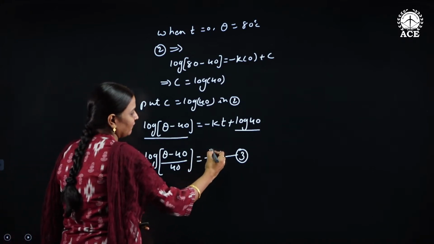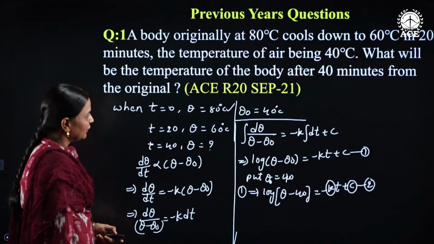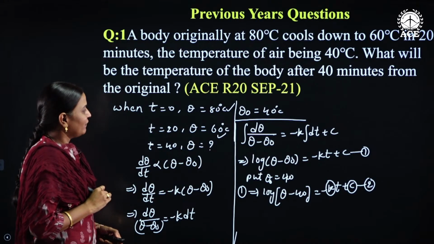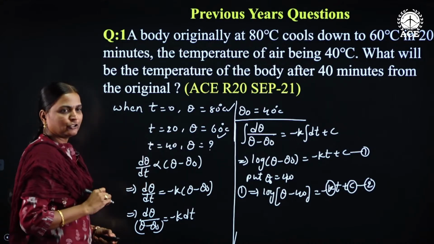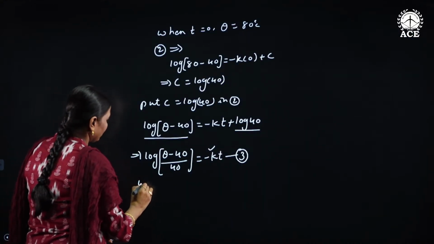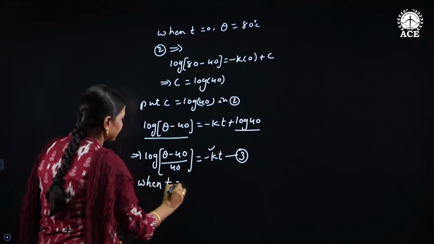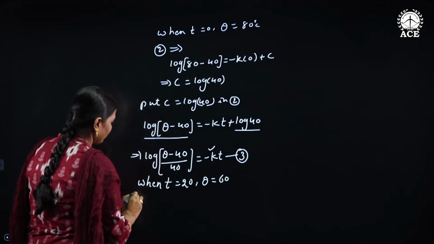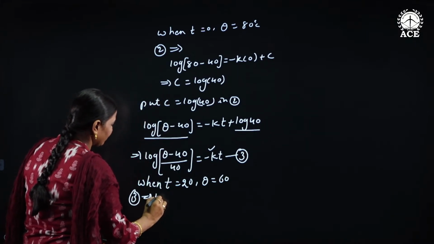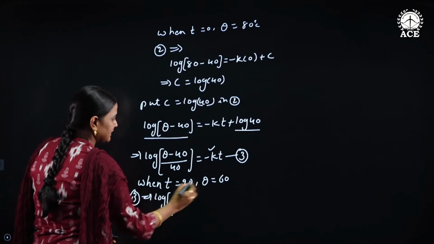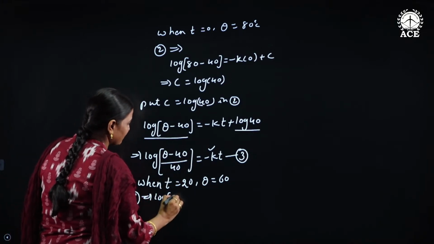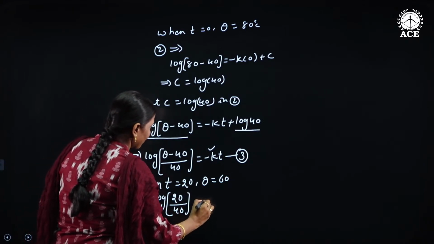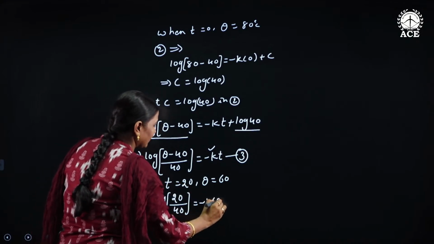Next, find the k value. How to find the k value? Using the next given conditions. What are the given conditions? When t is equal to 20, theta is equal to 60 degrees centigrade. So equation 3 becomes log of, what is the theta, 60 minus 40, that is 20 by 40, is equal to minus k into, what is t, 20.